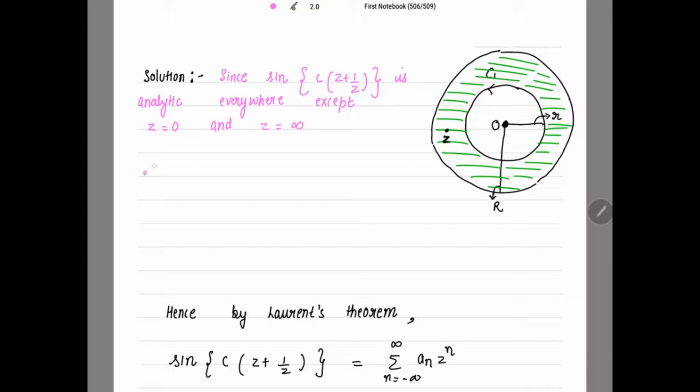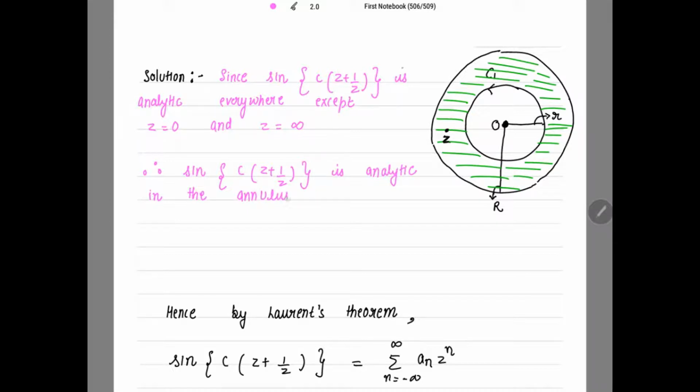So, therefore sine of c into z plus 1 over z is analytic in the annulus. So it is analytic everywhere.